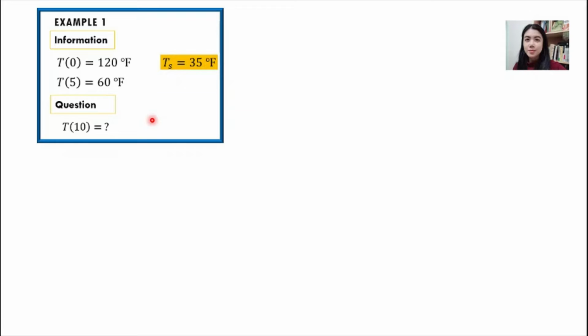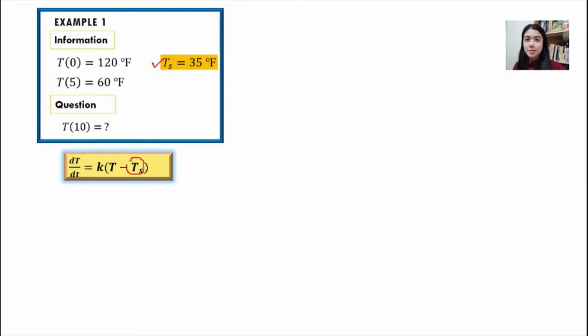Once we have gathered all the information from this example, let's begin to solve it by using the differential equation of Newton's law of cooling. Let's begin by substituting the value of Ts into this differential equation. Your value of Ts is 35 degrees Fahrenheit.